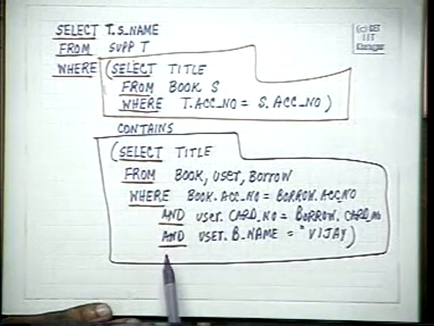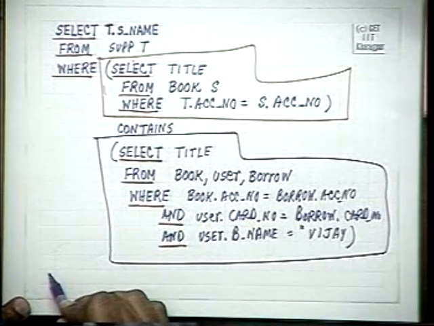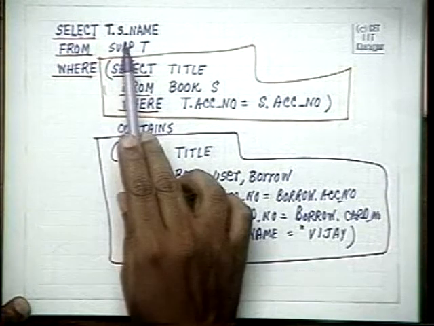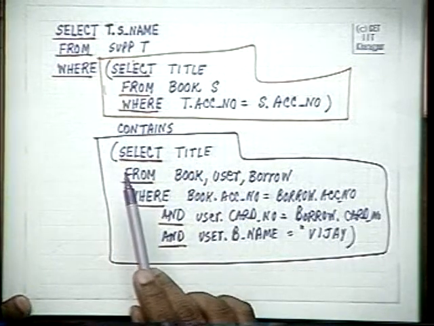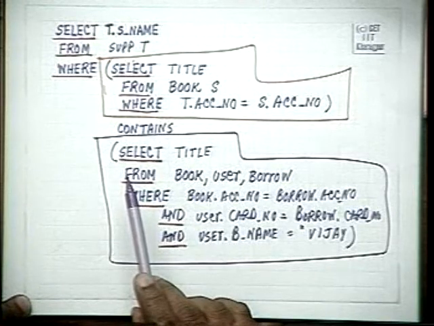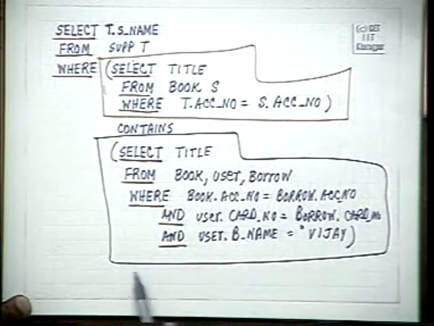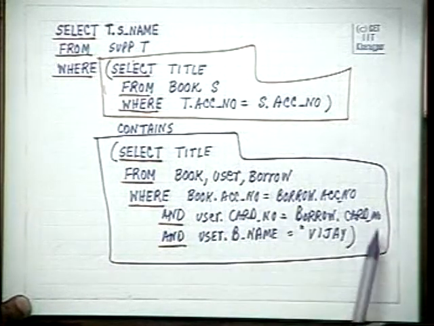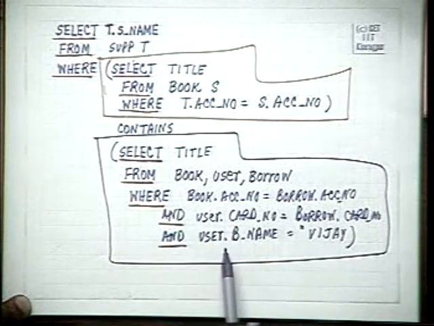And in this particular problem, we solved the problem of finding out the names of all suppliers such that they have supplied titles corresponding to all the books issued by Vijay. So in this particular case, this one which is marked out, we have found out the titles of all the books issued by Vijay.